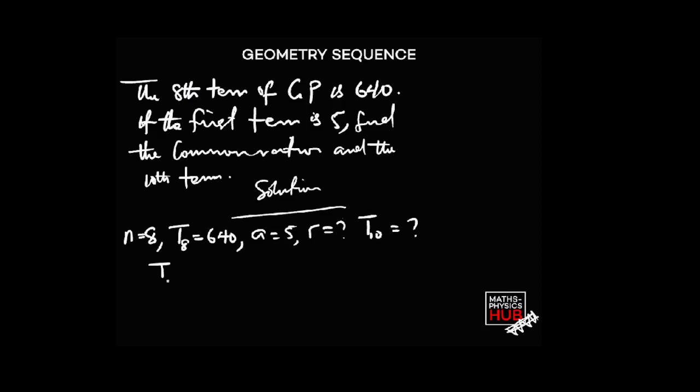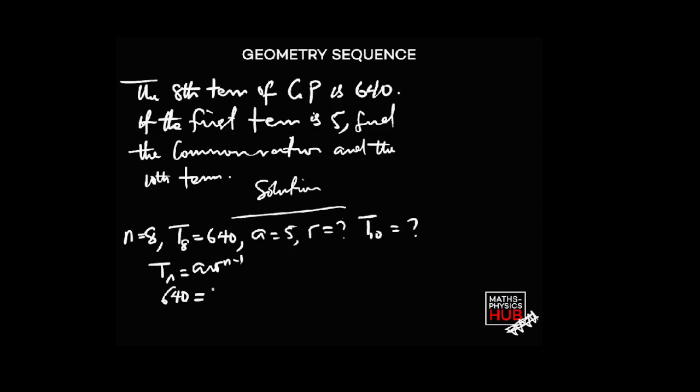We recall that Tn equals A R raised to power n minus 1. So Tn, which is T8, is going to be 640.